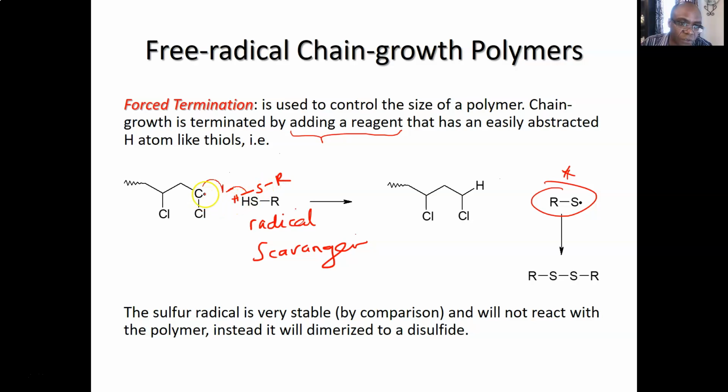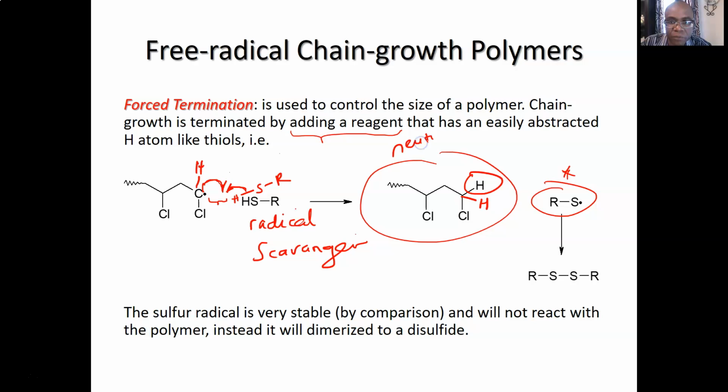the radical from the carbon will join with an electron from the HS bond. So you're making a new bond between the hydrogen and the carbon. You had a hydrogen here, so now you have two hydrogens. You see now this guy is neutral, no more radical on that one. But now the other electron will be donated to the sulfur, and that's how you make the sulfur radical, which is by far very stable compared to having a radical on a carbon.